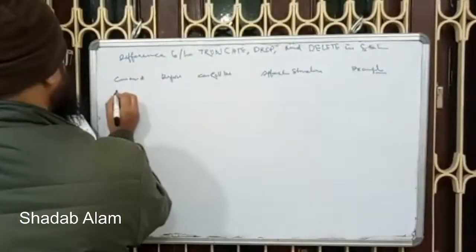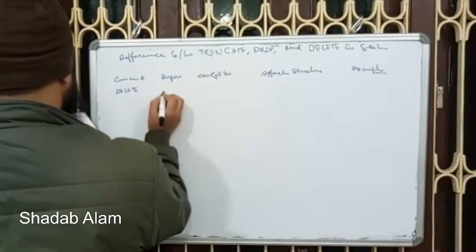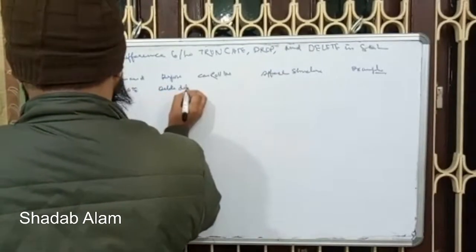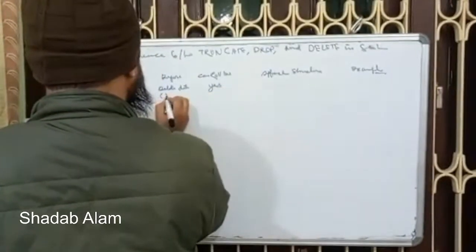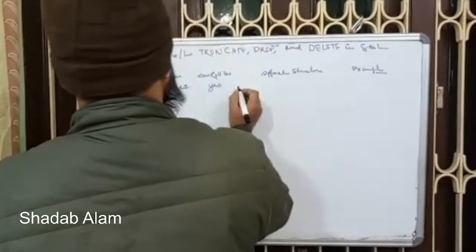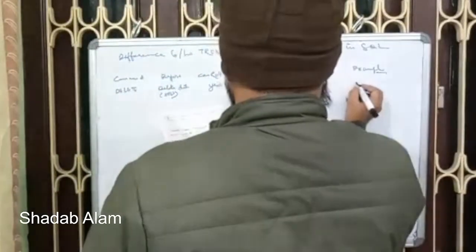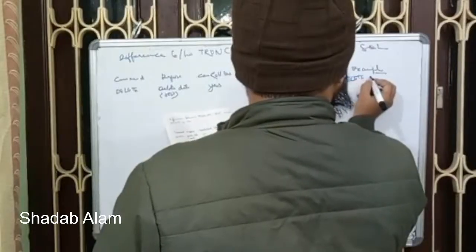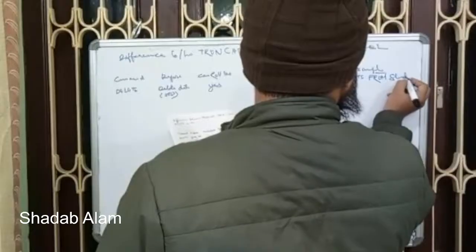DELETE: purpose is to delete data, rollback yes, affects rows, affects structure no. Example: DELETE FROM Students.